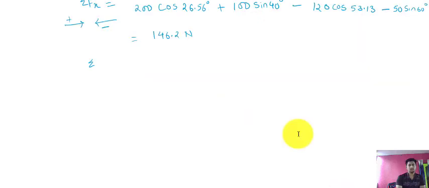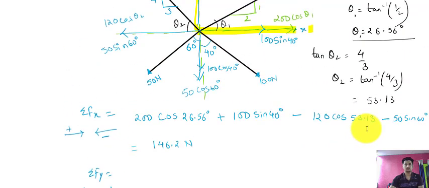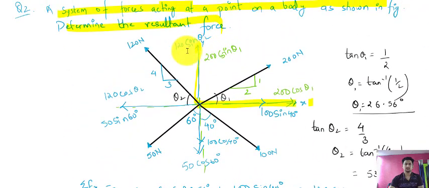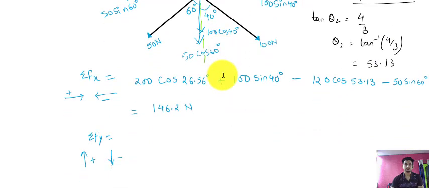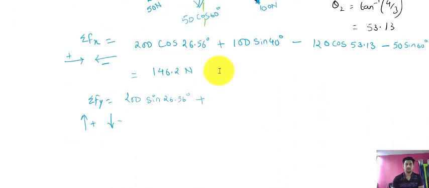Calculation of the summation of forces in y direction: suppose I am taking upward going forces as positive and downward going forces as negative. See the diagram. The upward forces are 200 sine theta 1, where theta 1 is 26.56 degree, plus 120 sine theta 2, where theta 2 is 53.13.